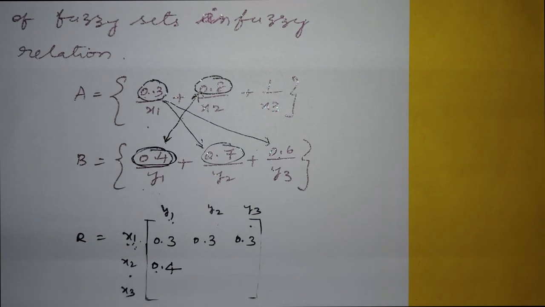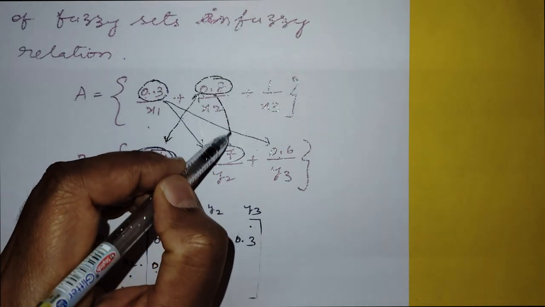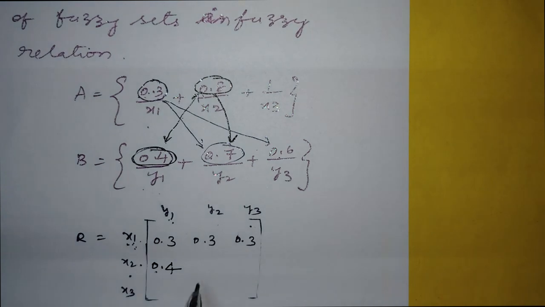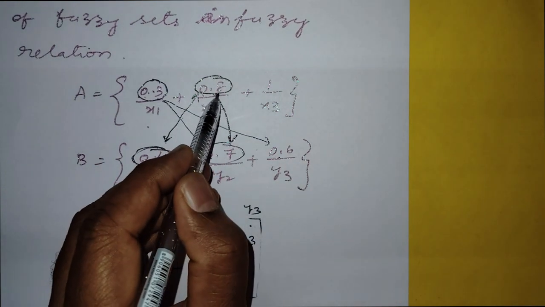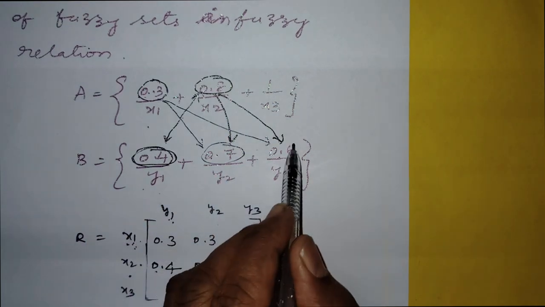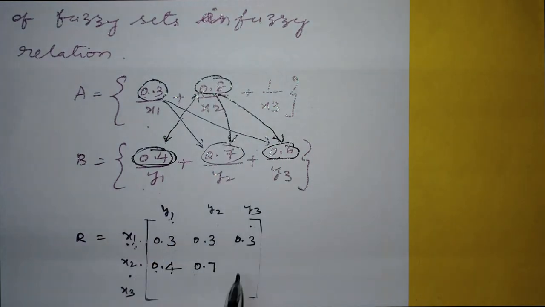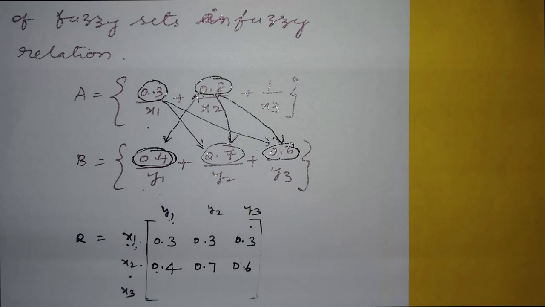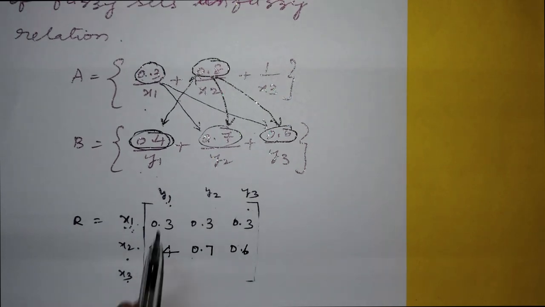Next, x2 with y2. Which is the minimum? 0.7 is the minimum. Next, x2 with y3, that is 0.6. Which one is minimum? 0.6 is the minimum value. That is the x2, y3 element. What is the next one? x3 with y1.